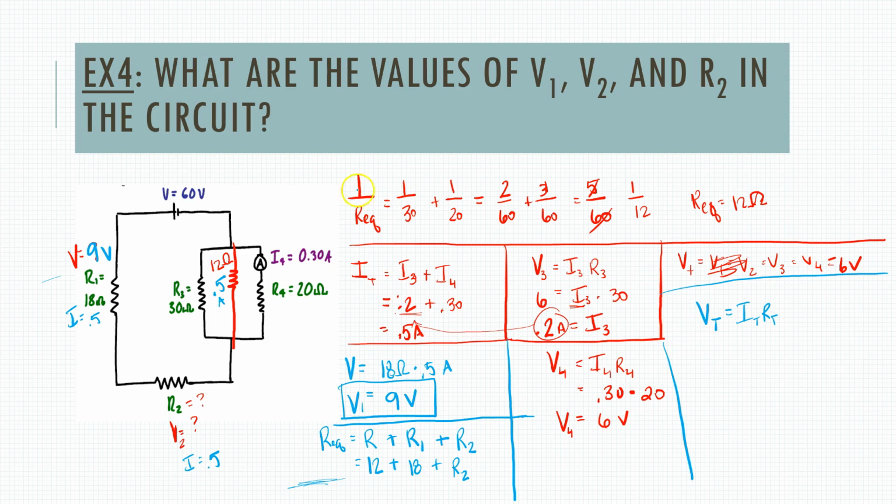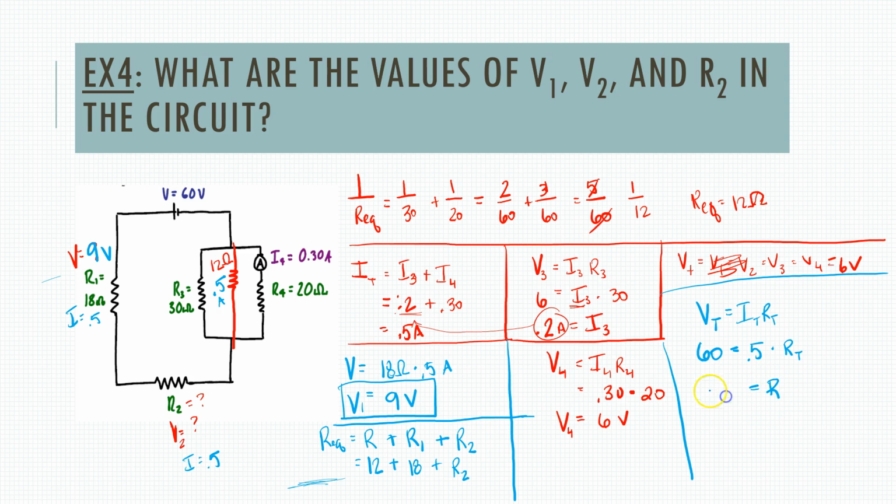My total voltage, I do know. It's 60 volts. My total current, we decided way back here, this was I total for the whole thing, is going to be 0.5. So I can find my total resistance. My total resistance of this whole thing is going to have to be 60 divided by 1/2.